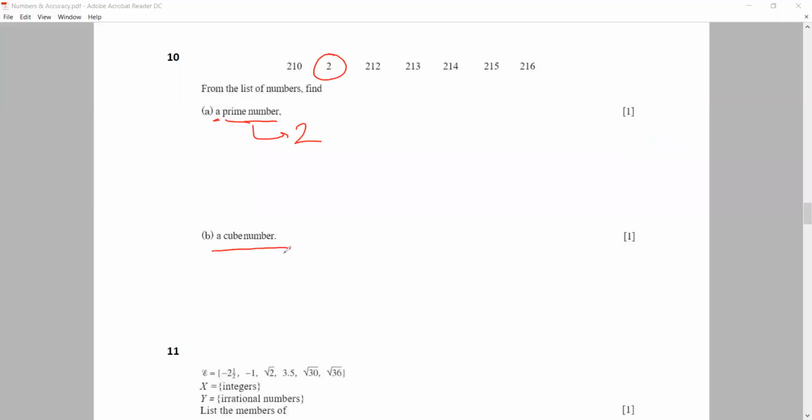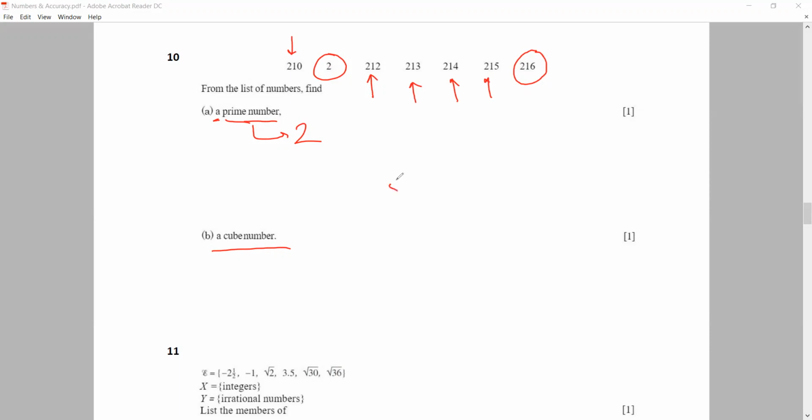And then moving on to this question, a cube number. All right, cube number. The answer is very clear to me. It should be 216 because I'm quite good with numbers. However, it doesn't matter. You can examine these one by one using your calculator. I don't know which series or type of calculator you're using.